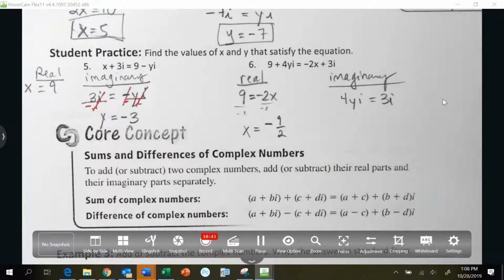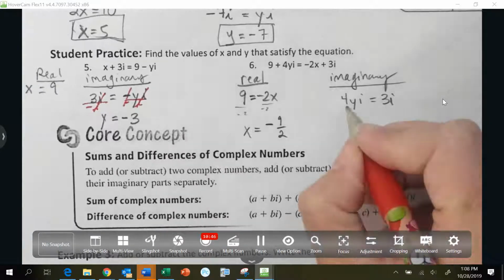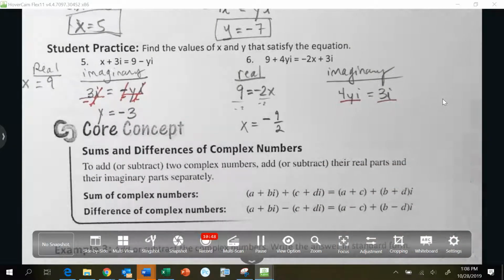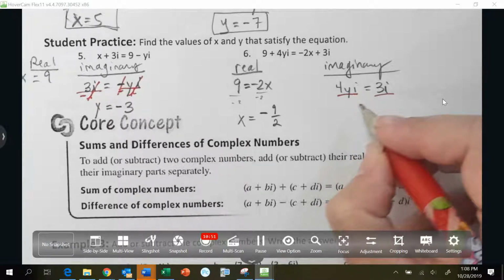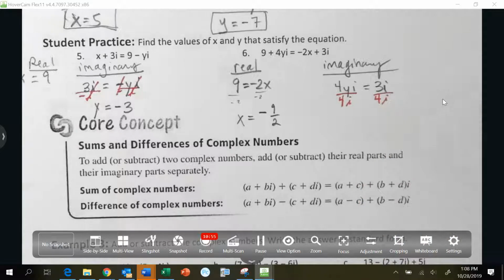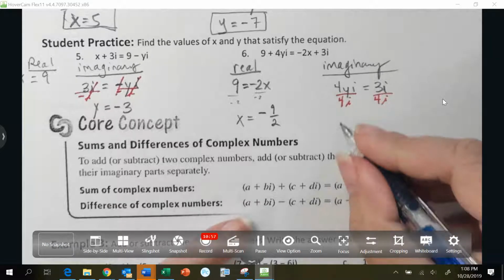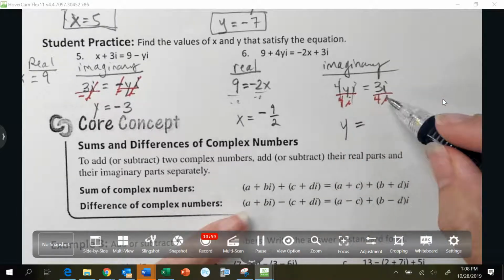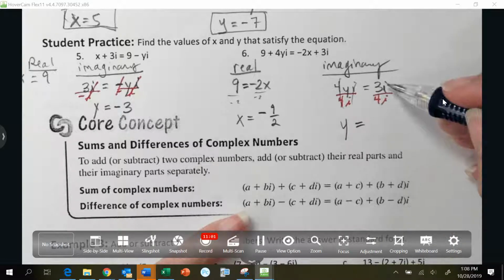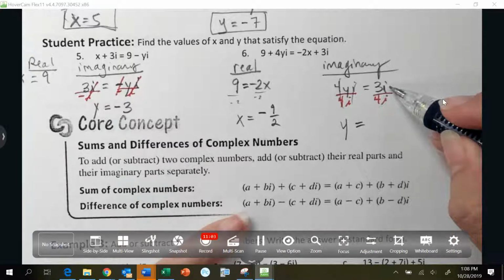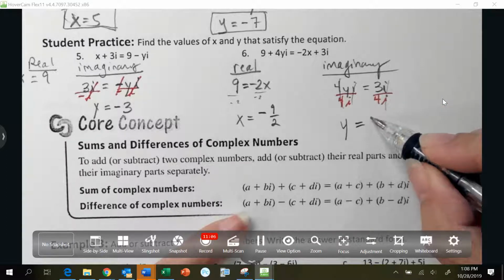If you need to solve it, divide by the stuff that is not y. So I'm going to divide by 4 and i. I'm left with y equals, well, what happens to i divided by i? So 3/4.